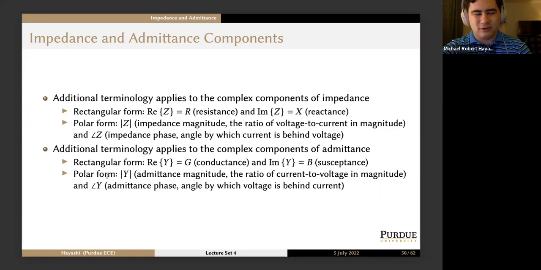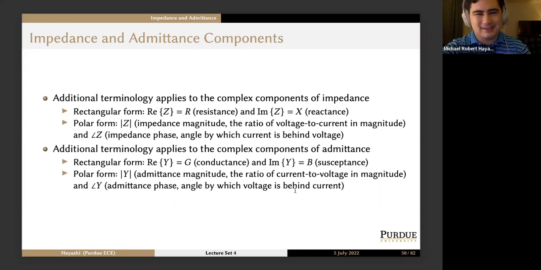If we look at the polar form of Y, we'll get that the modulus of Y is called admittance magnitude, and that's the ratio of current to voltage in magnitude. And then the argument of Y is called admittance phase, and that is the angle by which voltage is behind current, or it's the amount of phase lead in a device or circuit.